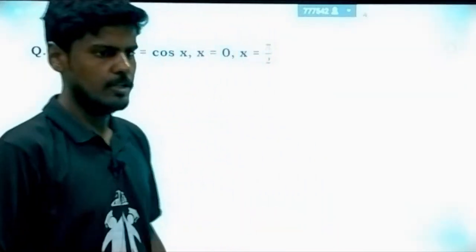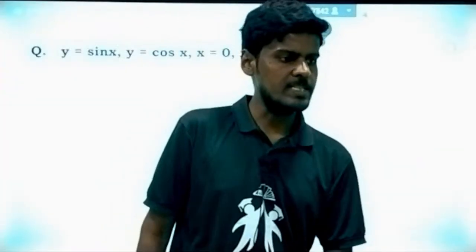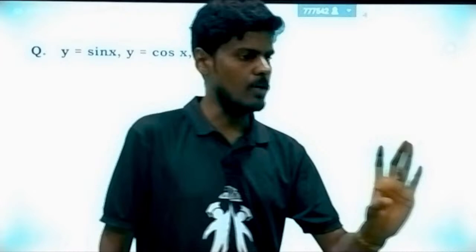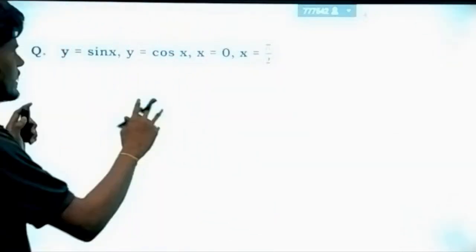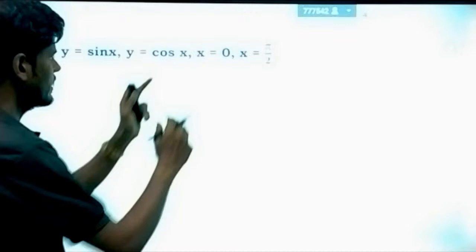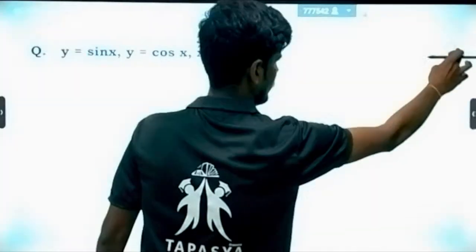Next question is, if the curves are trigonometric curves like sin x, cos x, then again the procedure is the same. As long as we know how to draw the graph, that is sufficient. So how to draw the graph of sin x and cos x? Here the interval is given already, x is equal to 0 and x is equal to pi by 2.